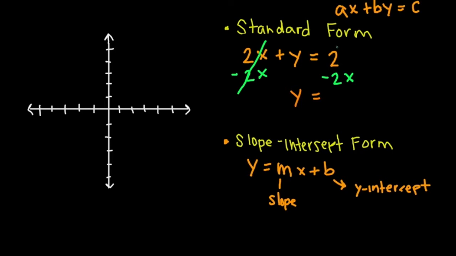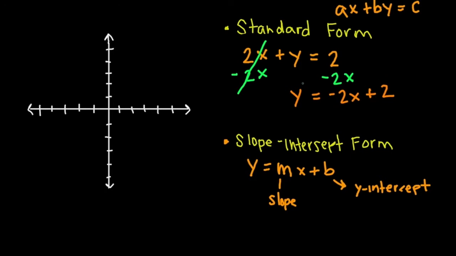Since I cannot combine these two because one has an x and one is just a constant, we call it a constant when it's just a number, we can't combine them. So I'm just going to rewrite them with my x term first, negative 2x, and then my positive 2 will go next as my b, which is my y-intercept.